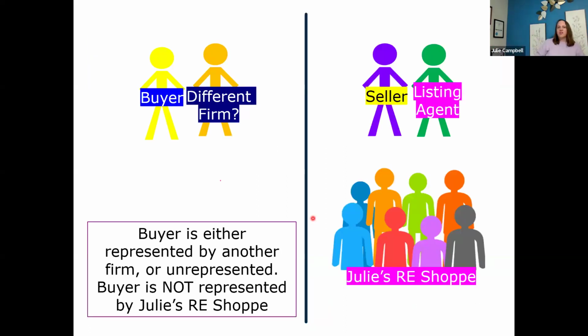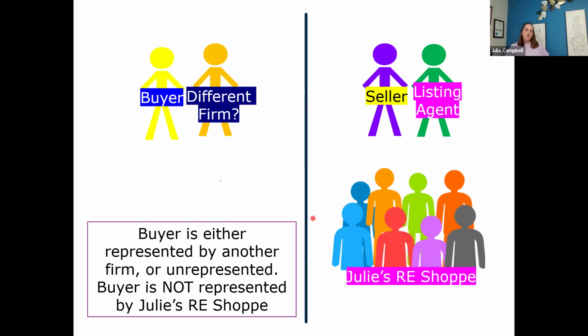So Julie's Real Estate Shop is a seller agent's firm. We've got the firm with our seller on the same side of the line. There is our seller. One of you will get to be the listing agent. You're the ones working most closely with the seller. The rest of us are here by default.